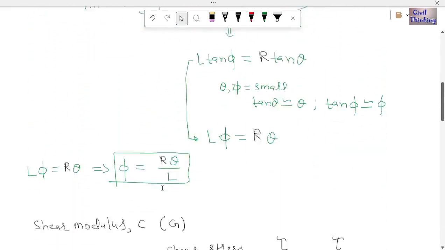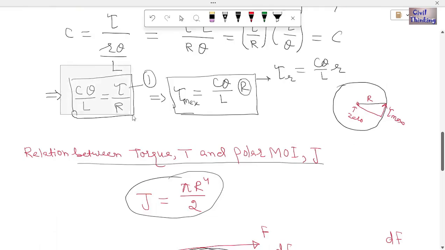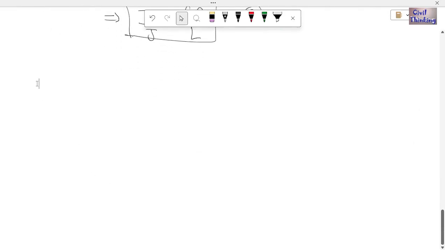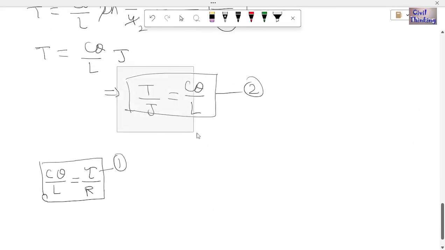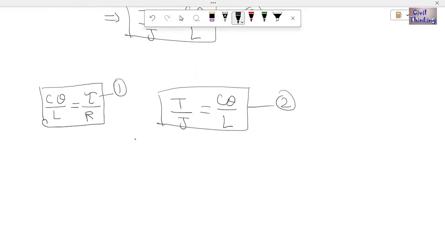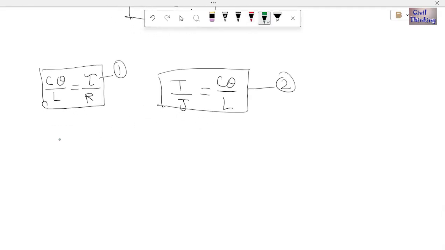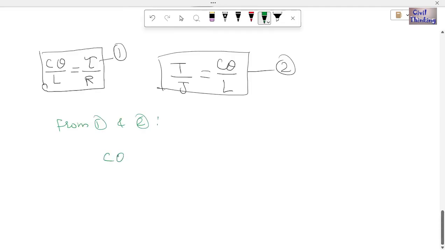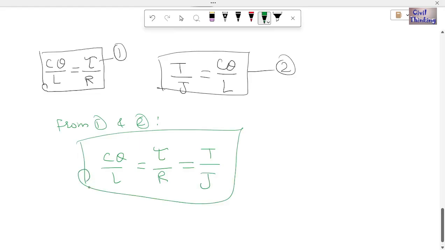So this is our equation first, and this is our equation second. So from first and second, what we get is C theta by L is tau by r is T by J. So this is our final torsion equation.